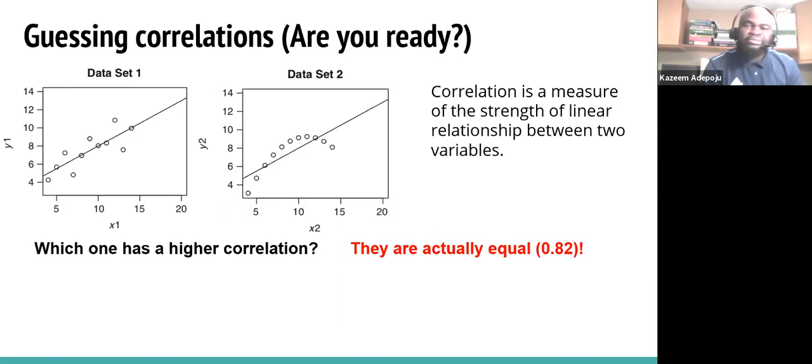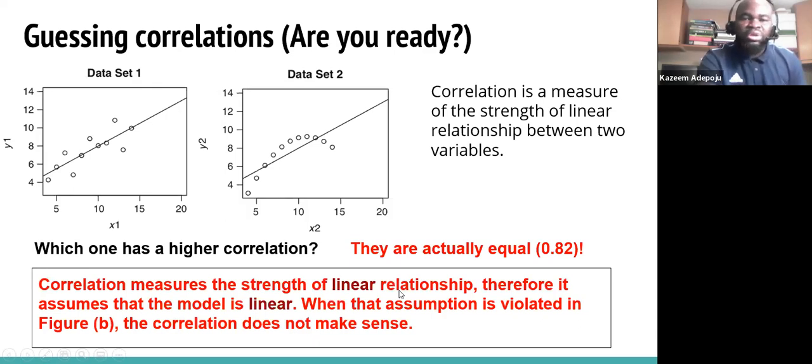And if the relationship is not linear, of course there is something that we can do. We can achieve linearity through transformation. I'm going to walk you through that in the future. Now we decided to find a correlation here and here, and we got 0.82.